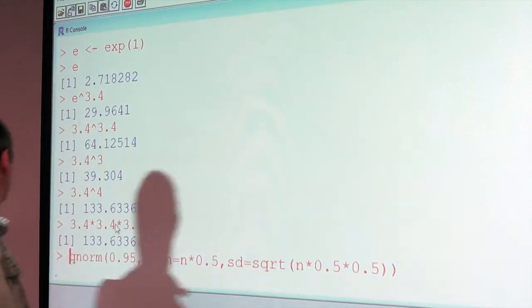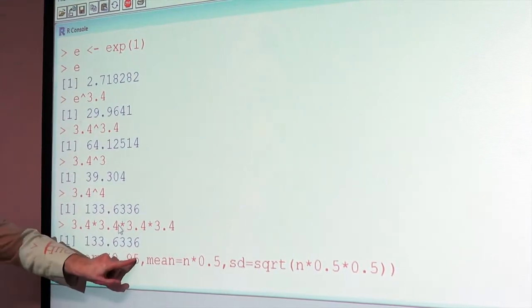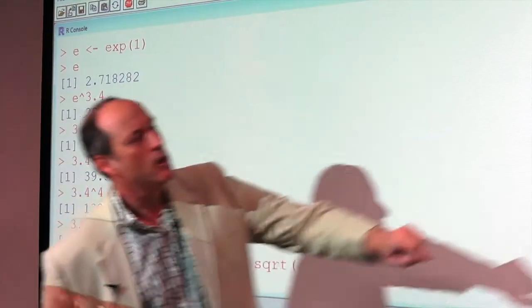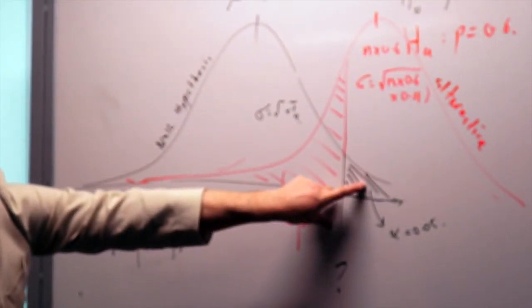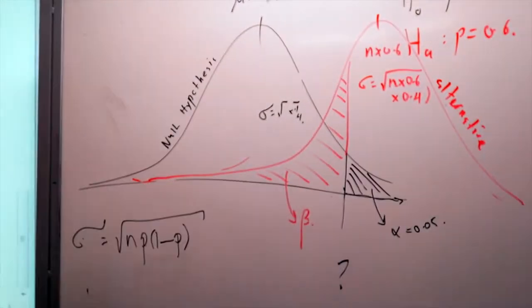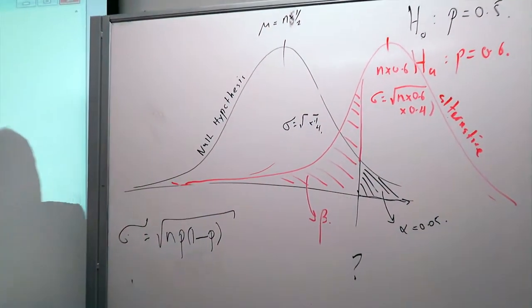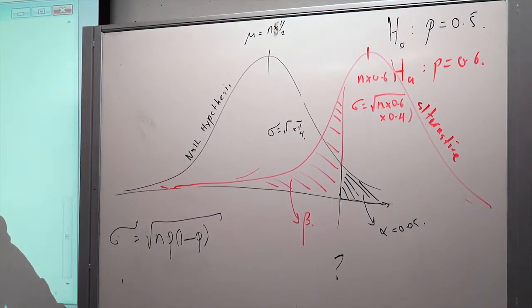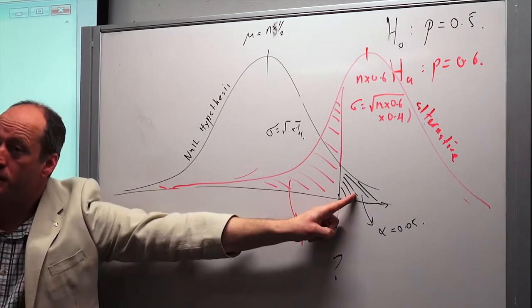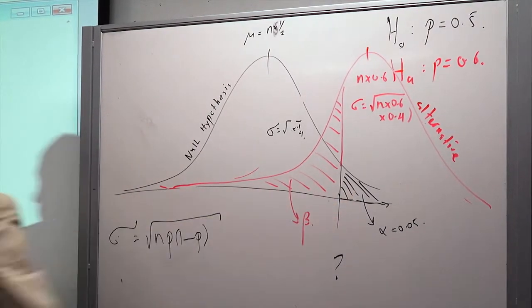Oh, it's here: qnorm 0.95. It's 0.95 because I want 95% of that. I'm not interested in that 5% here. I'm interested in the 95%. How far do I need to go on that black curve to cover 95% of my area? Why 95? Because 5% is on the other side where I've screwed up with the type 1.